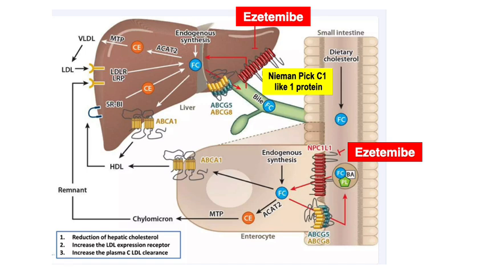Ezetimibe inhibits the Niemann-Pick C1-like protein, or NPC1L1, which is responsible for cholesterol absorption in the small intestine. This prevents cholesterol-containing micelles from entering the enterocytes. By inhibiting cholesterol absorption at the level of the brush border of the intestine, ezetimibe reduces the amount of lipoprotein cholesterol circulated to the liver.